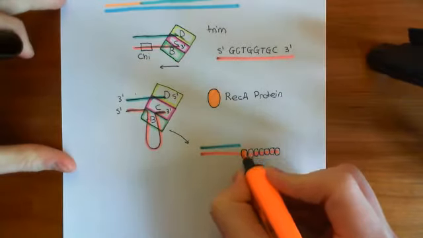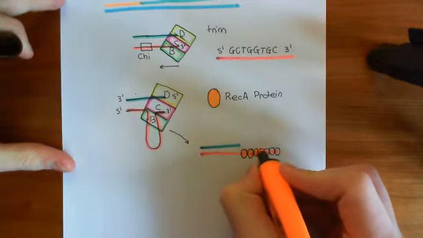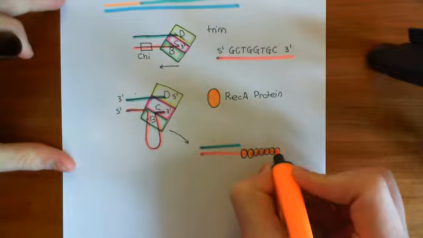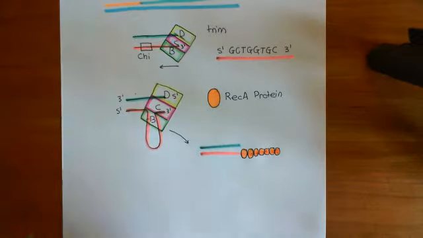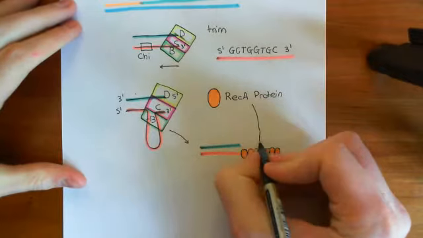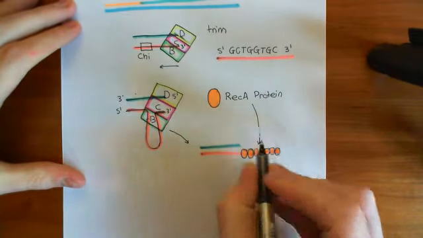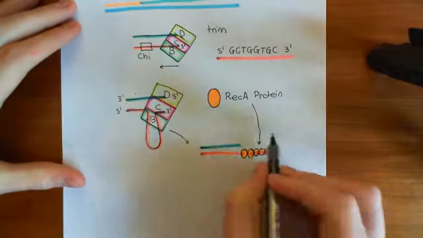So these are all RecA proteins, and these are what are going to help with strand invasion. So these are going to help the strand to invade the other complete strand up here. So we're going to load on loads of RecA proteins, starting at this side, working our way towards this side, and it's the RecBCD complex that does that.